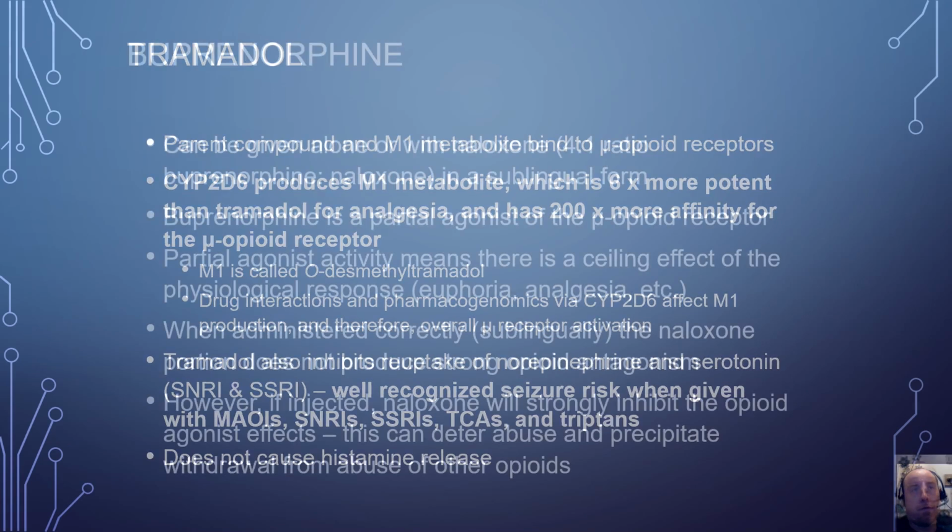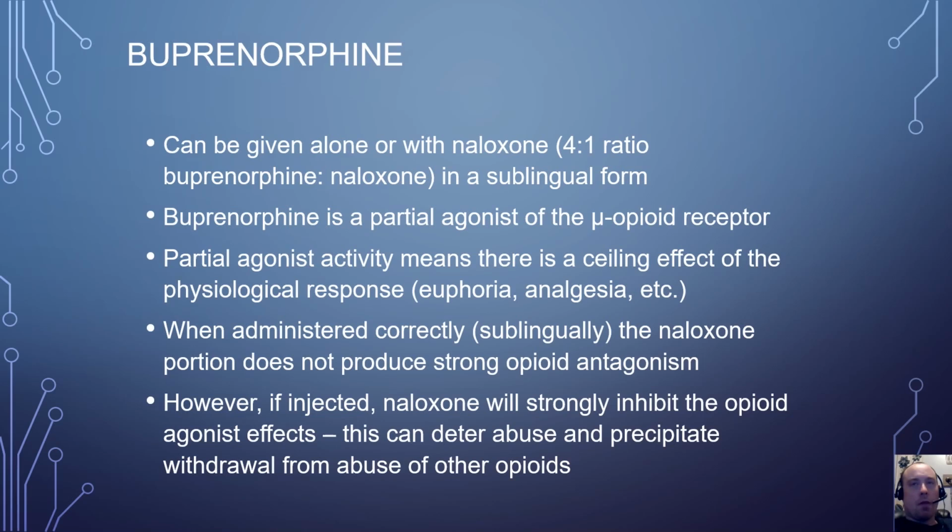So finally, before I wrap up the lecture with a summary, I just wanted to talk about the specifics of buprenorphine. Buprenorphine is typically given with naloxone, but it doesn't have to be. And that combination product is brand name Suboxone.